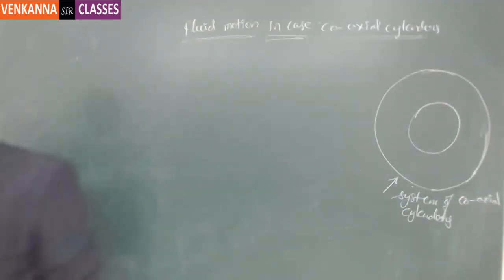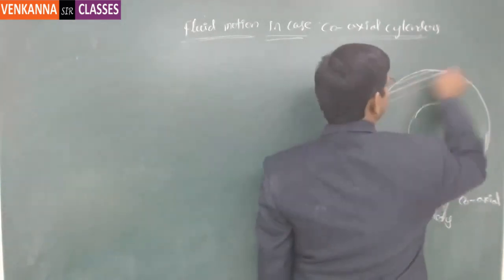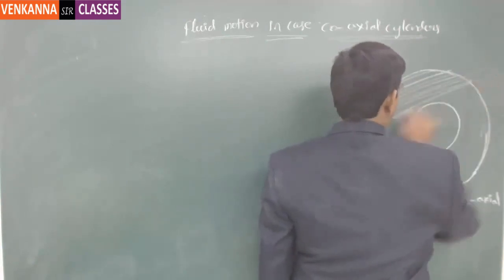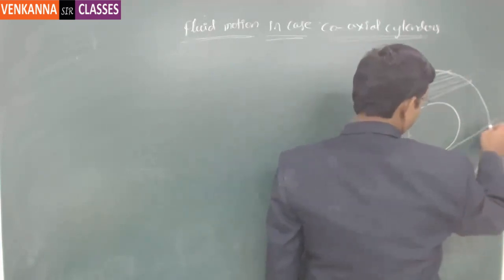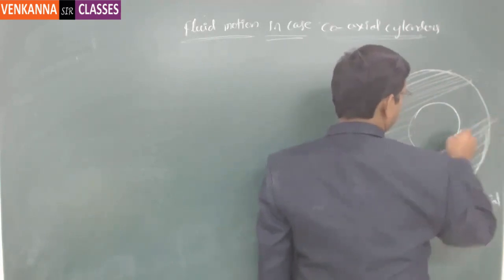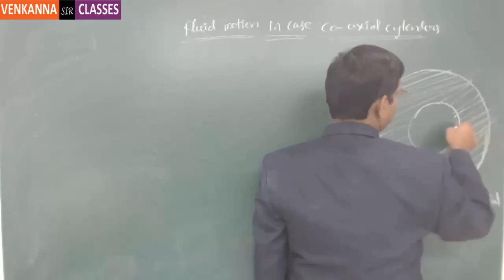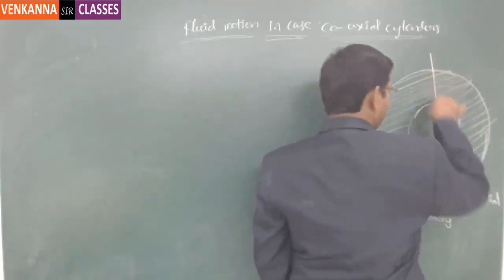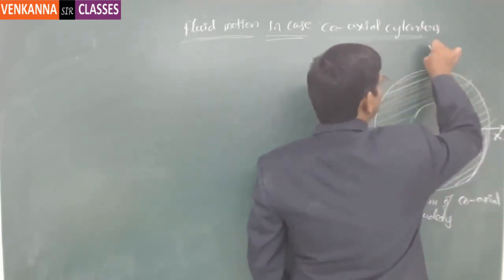Yeah. So now suppose there is a presence of fluid in this region. Let us say this is the vertical axis and this is the horizontal axis, this is the x-axis and this is the y-axis.